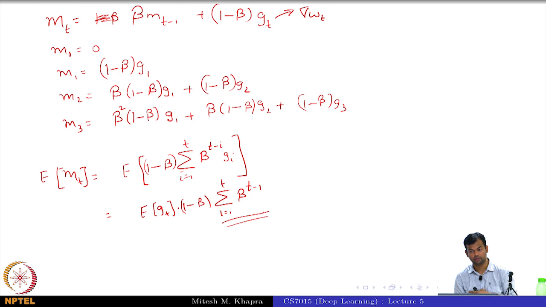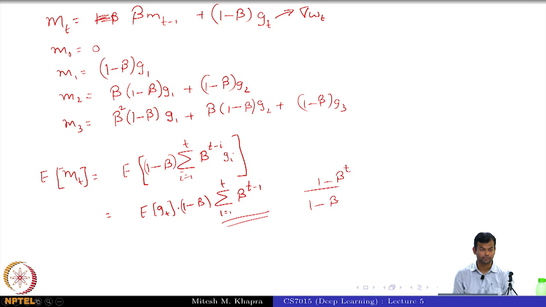What's the sum going to be? It's actually 1 minus beta raised to T over 1 minus beta.